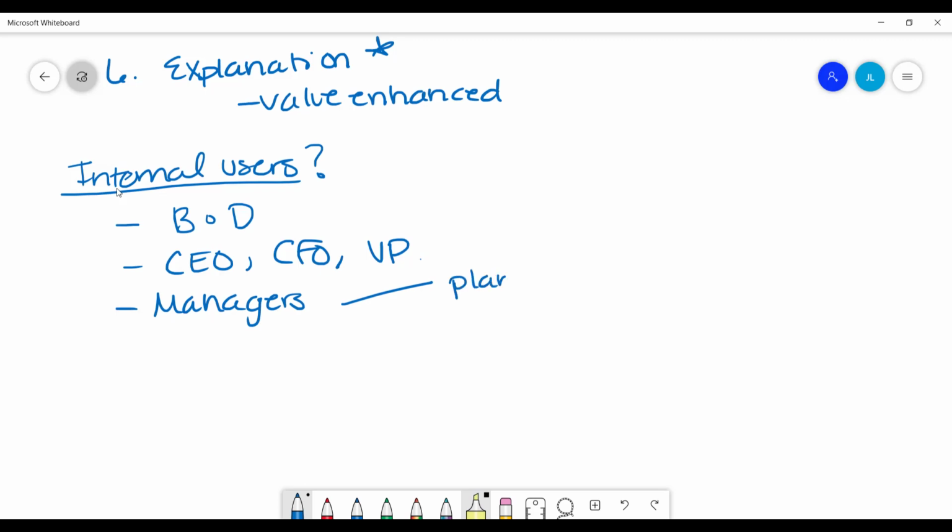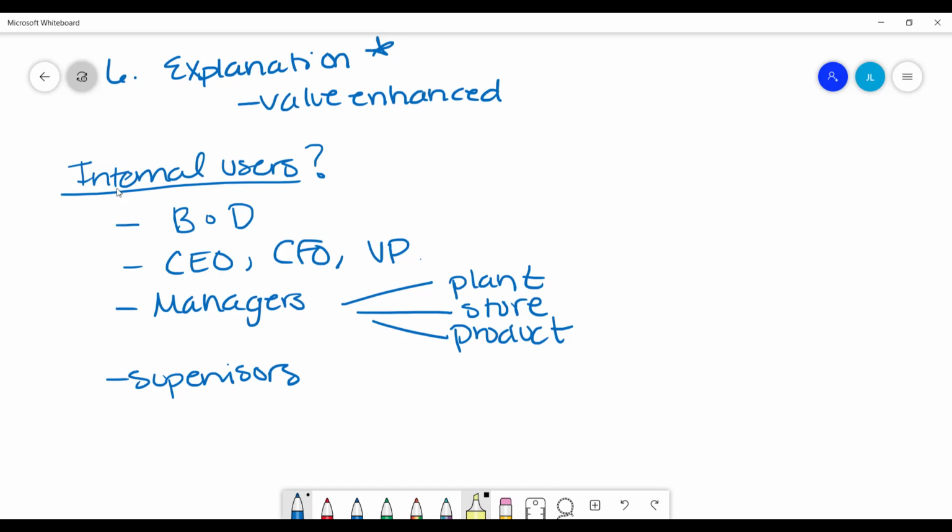You might have a plant manager, a store manager, a product manager, a product line manager. You have supervisors, let's say you have a factory and someone supervising a specific line. So internal users aren't going to be the ones relying on that externally reported information per se.